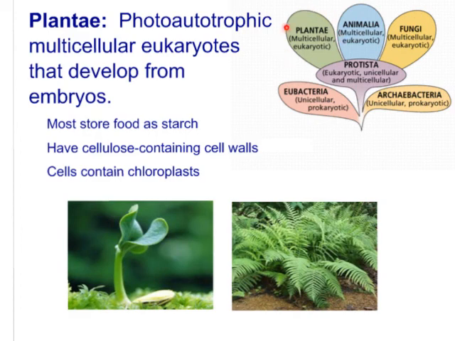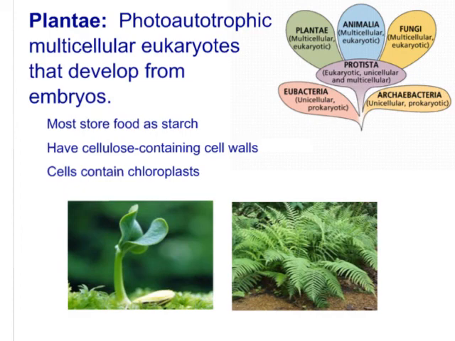Plantae, the kingdom Plantae, and I will say I do not care if you refer to these in their Latin form or the English version of the Latin. So you can call it Kingdom Plantae or you can call them plants. Either one is fine. But let's look at the Kingdom Plantae. They are photoautotrophic, multicellular eukaryotes that develop from embryos, meaning egg.